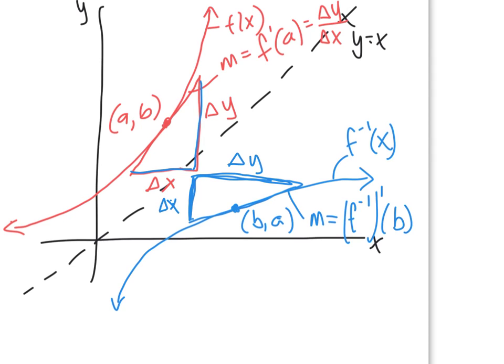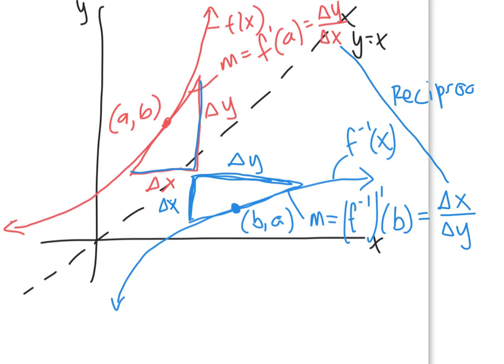So if I were to find the slope at point b, then that's going to be the change in x divided by the change in y, and these two things are reciprocals of each other.